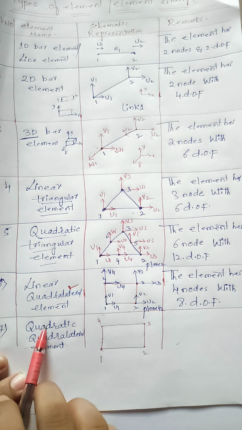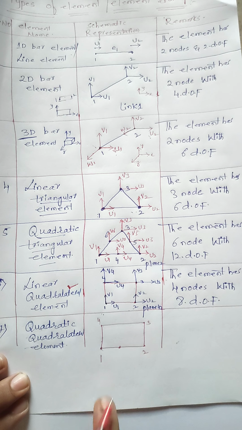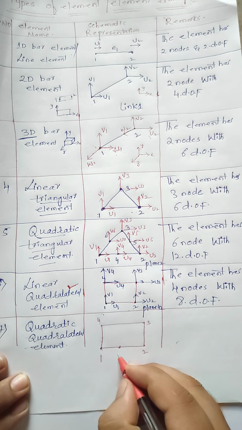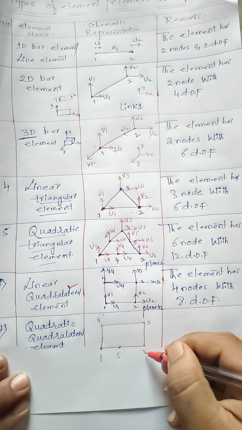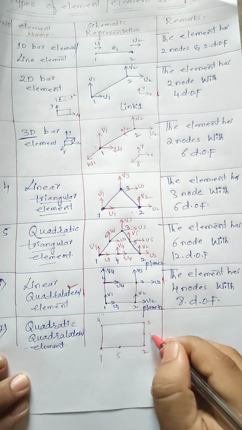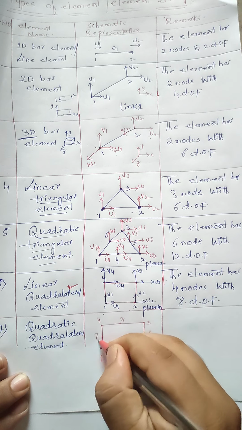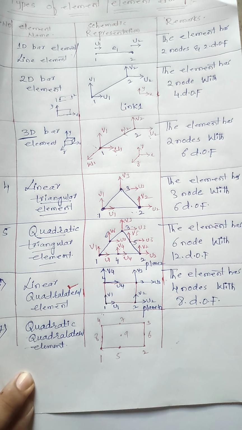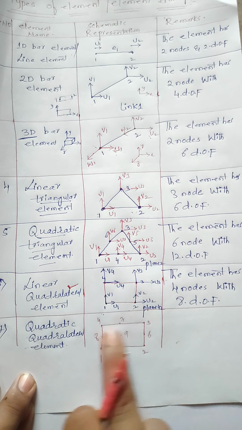But we are talking about the quadratic quadrilateral element, in which I am taking between node 1 and 2 one more point, which is represented as node 5, and between node 2 and 3 the midpoint is node 6. This is the 7th node and this is the 8th node, and in the center we can say the 9th node. So in this quadratic quadrilateral element, in total how many nodes do they have?